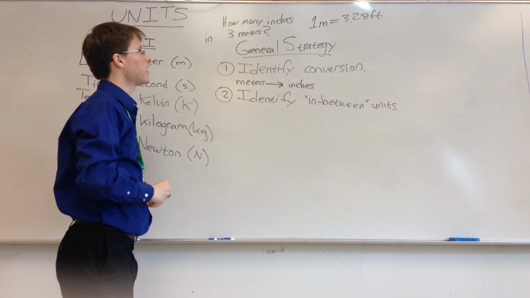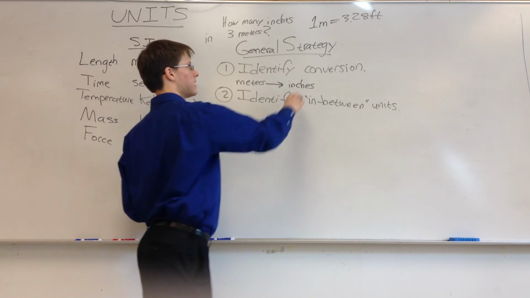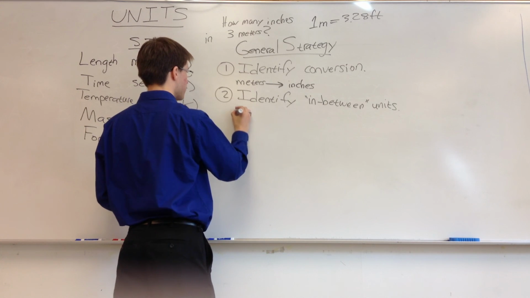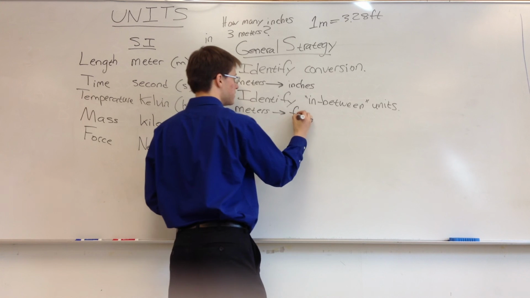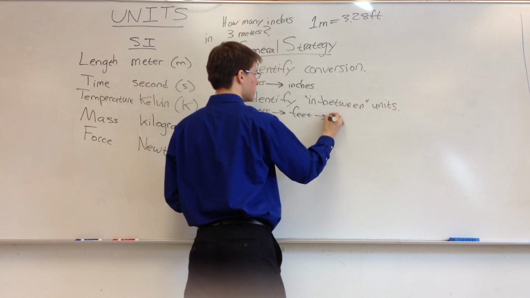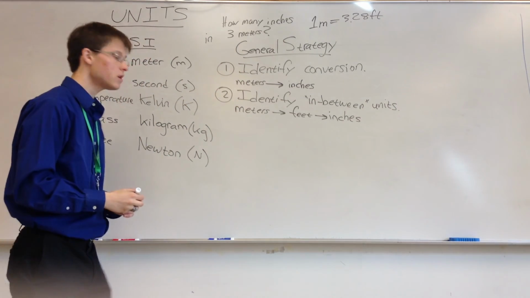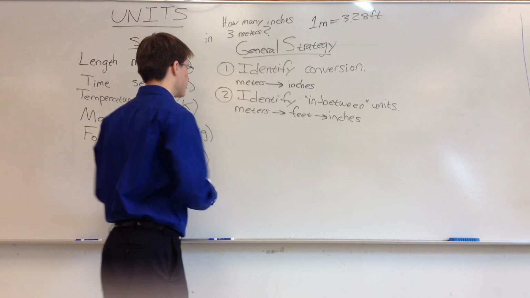So we know how many feet there are with respect to meters, and we also know how many inches are in a foot. So it might make sense to convert from meters first to feet and then to inches. That's what I mean by in-between units. The foot is the in-between unit here.